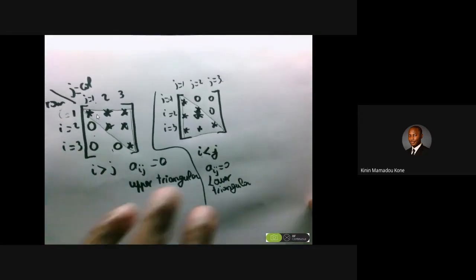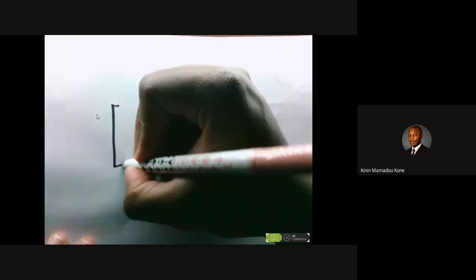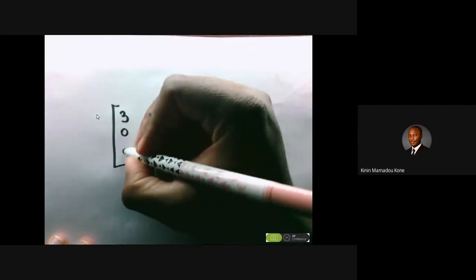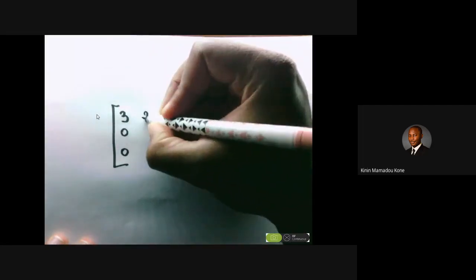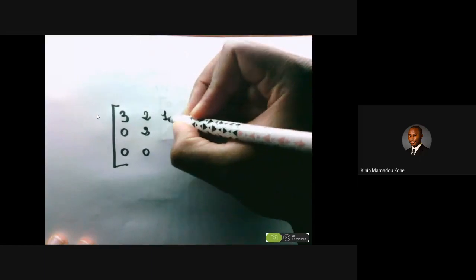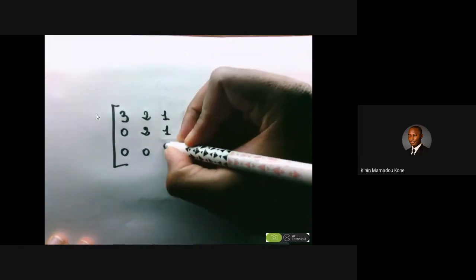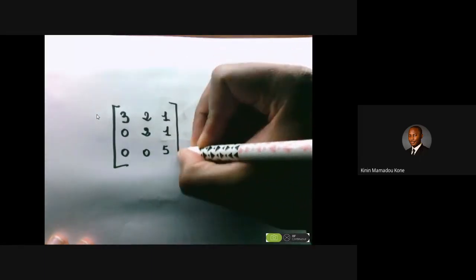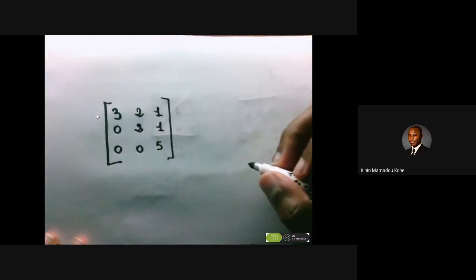This is a general kind of example, but let's look at a more precise example. Let's say you have a 3 by 3 matrix: 3, 0, 0, 2, 2, 0 over here, 1, 1, and 5.